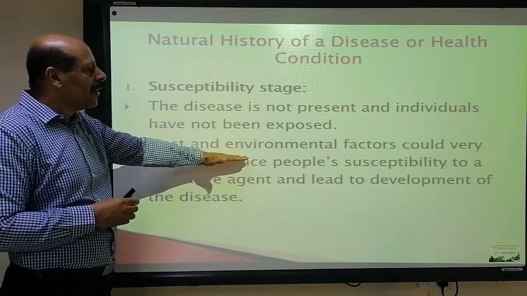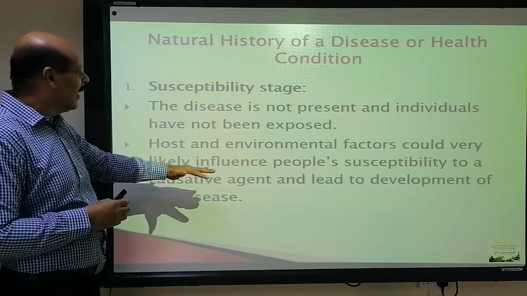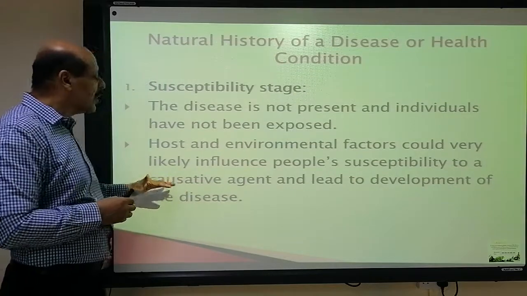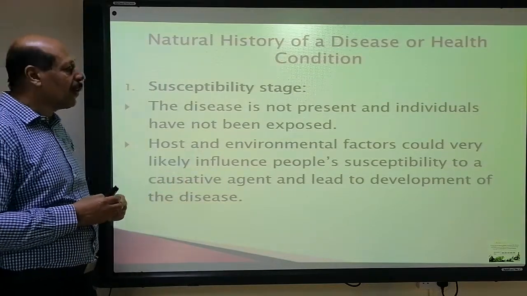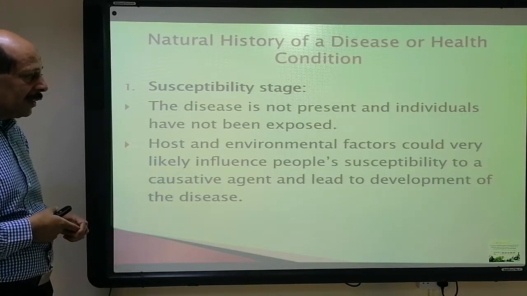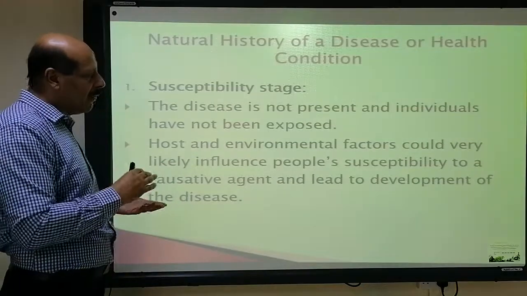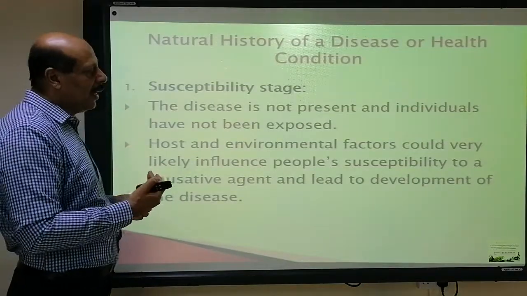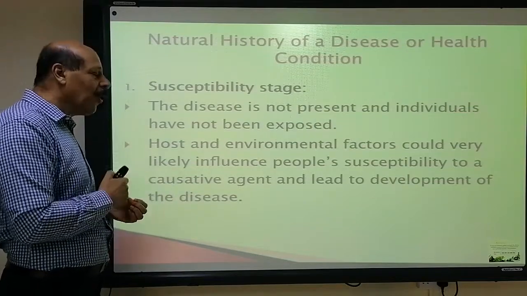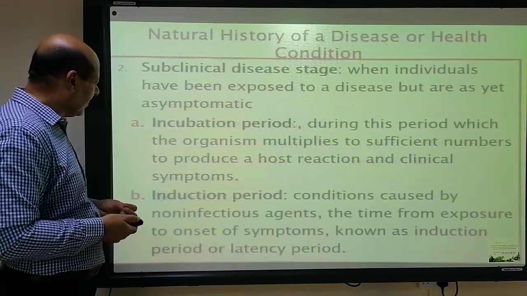Host and environmental factors could influence people's susceptibility to a causative agent and lead to development of the disease. The presence of the host and some factors in the environment might help the person avoid the disease, or might increase the susceptibility of the person to get that disease.